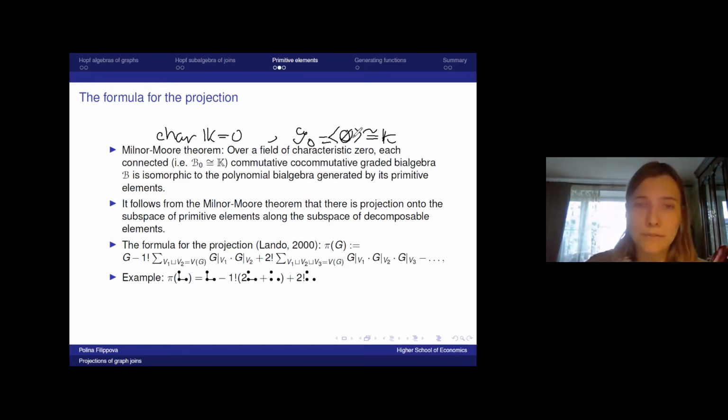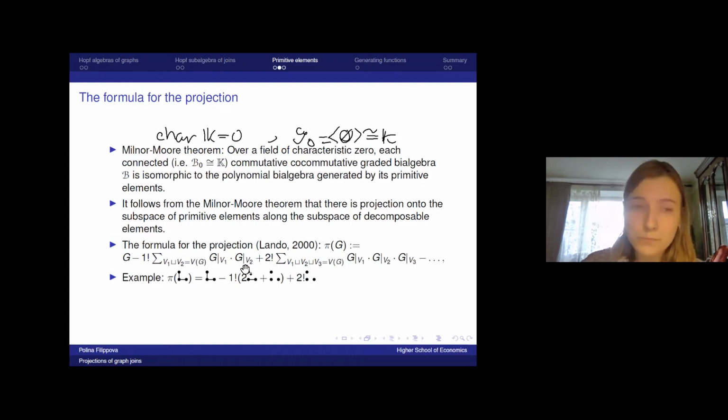It follows that there is a projection onto the space of primitive elements along the subspace of decomposable elements. It has such a form. We take all the partitions into subsets of the vertex set, and we take the product, that is a disjoint union, of all induced subgraphs with such coefficients.